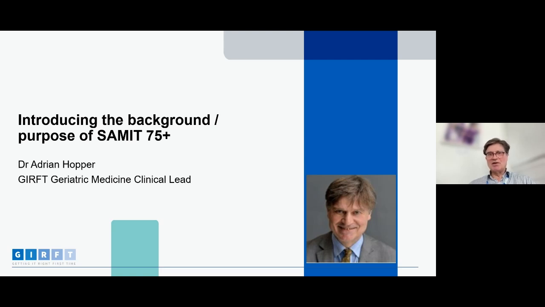And secondly, and this is very important for you working in hospital sites, it's a trust-wide platform, while the SAMIT 75 and all the SEDIT SAMITs work at a place, a hospital level, which I think is a much more important unit. The other differences between the two tools: both use identification of frailty using administrative data. The global frailty scale is what we use for the model hospital. Hospital frailty risk score is what we use in the SAMIT 75. Next slide, please.